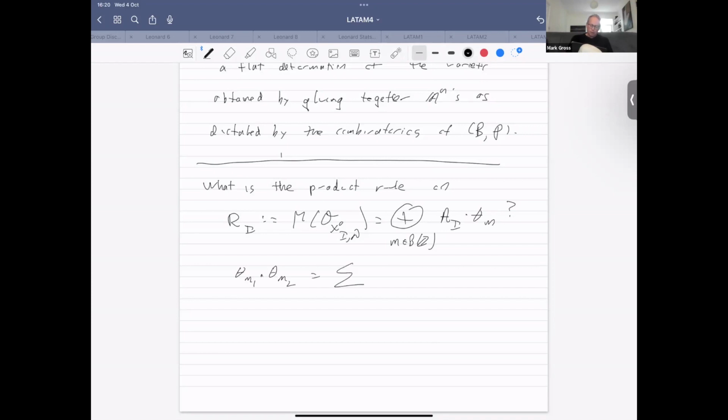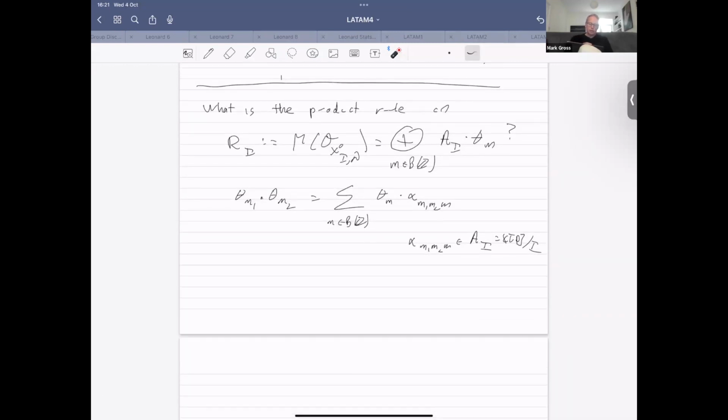Well, that will be some summation, sum over m in B of Z, of theta m times some structure coefficient alpha m1, m2, m, where alpha m1, m2, m lies in our ground ring A_I, remember that is C[P] mod I. There's going to be some product rule that looks something like that. So the question is, can we describe this alpha m1, m2, m?